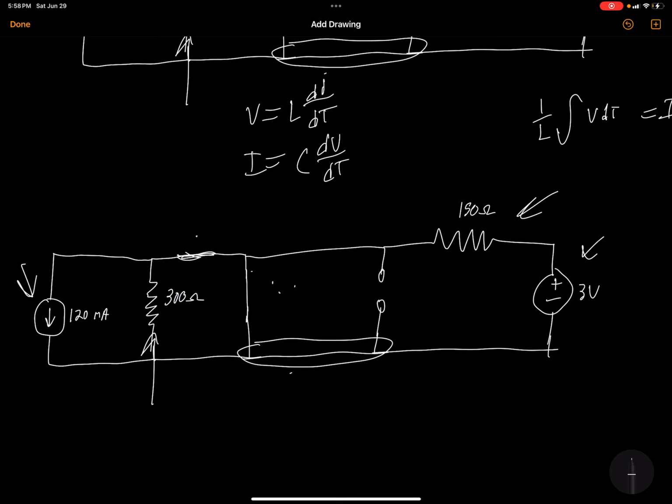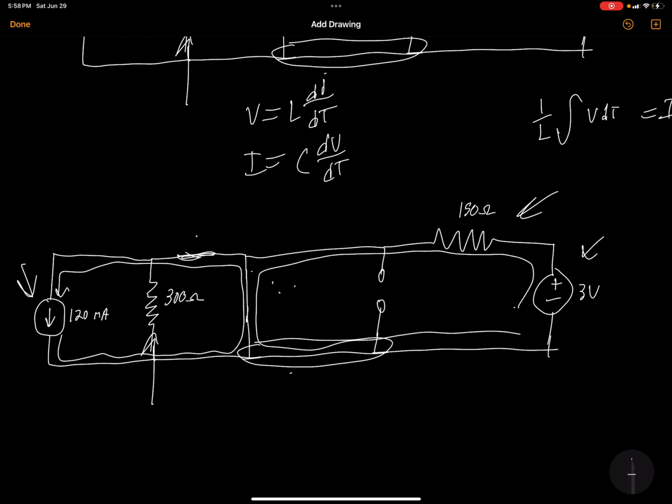Okay, now let's look at the paths. So this power source will flow this way, take the shortest path back to itself. This power source will go this way, shortest path back to itself, and that way. So you have a current source coming this way and one coming down.